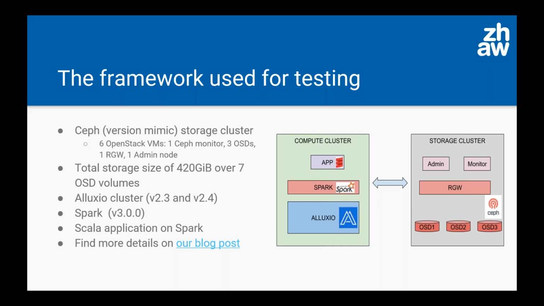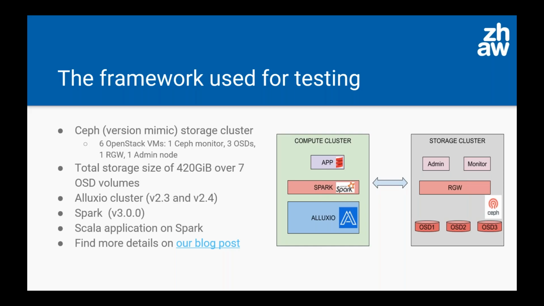We started using Alluxio version 2.3. Later on, we were able to test also version 2.4, and I will show both of the results we obtained. On top of Alluxio, Apache Spark was running in version 3.0.0, and on Spark we had a Scala application that was running for performing some data analytics.